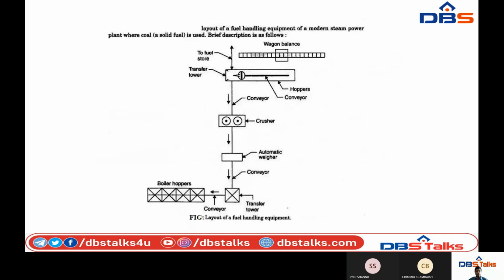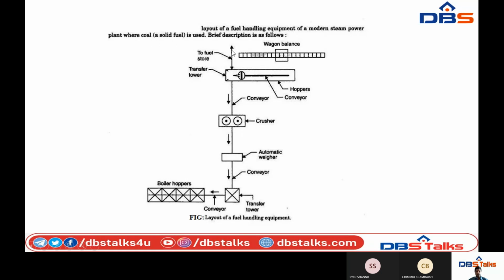In this fuel equipment also, we are transferring the fuel by means of conveyors. Using hoppers, we are transferring the fuel into the crusher. The crusher is used for crushing the coal. If we are sending solid fuels like coal and coke, or oil or gas, in this fuel handling equipment, I am sending coal, a solid fuel.